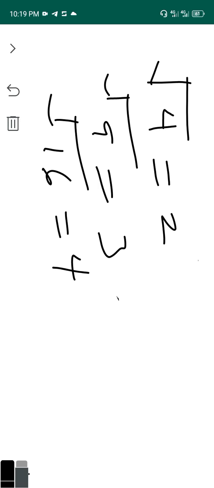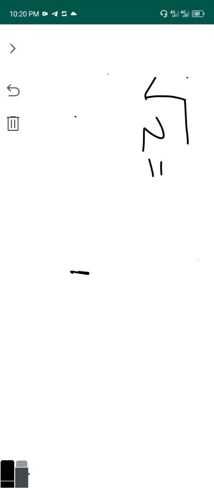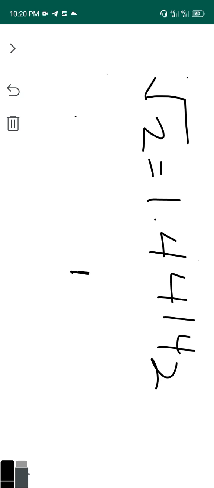For example, when you take square root of 2, you are getting something like 1.41421, because 2 is not a perfect square. So another example is square root of 20.